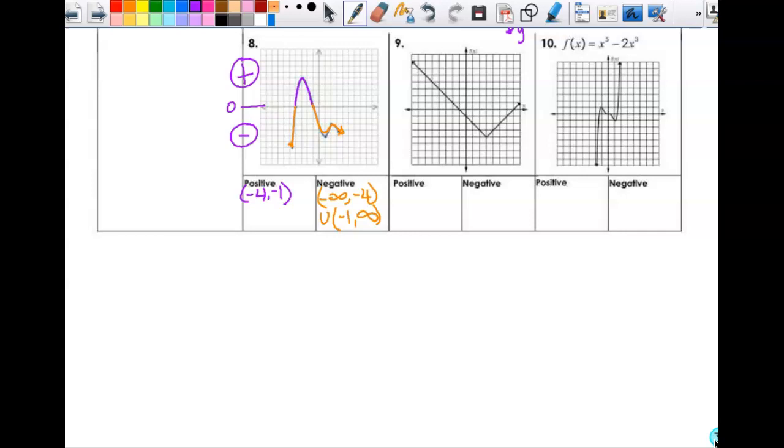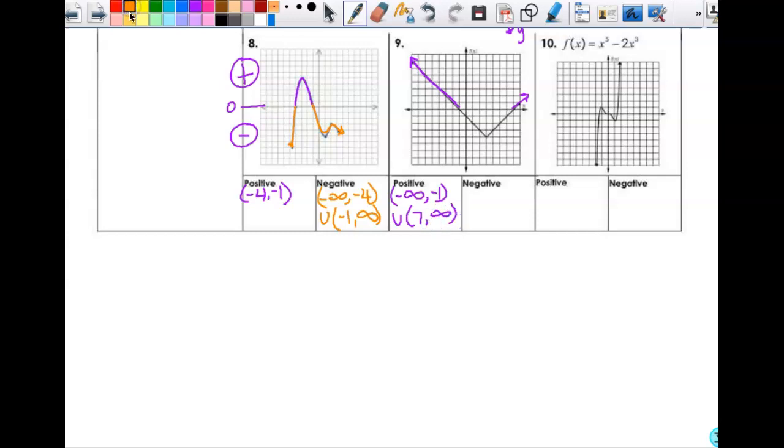Okay, so positive, my function is positive here and here. So I'm positive from negative infinity to -1, and then from 1, 2, 3, 4, 5, 6, 7 to infinity.